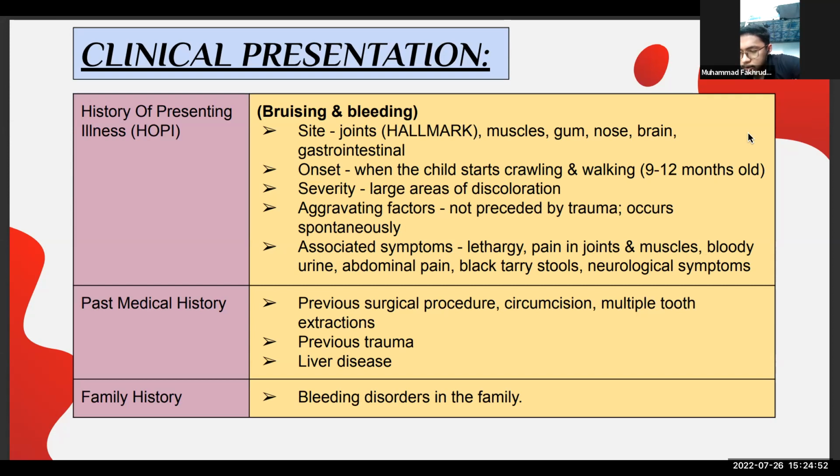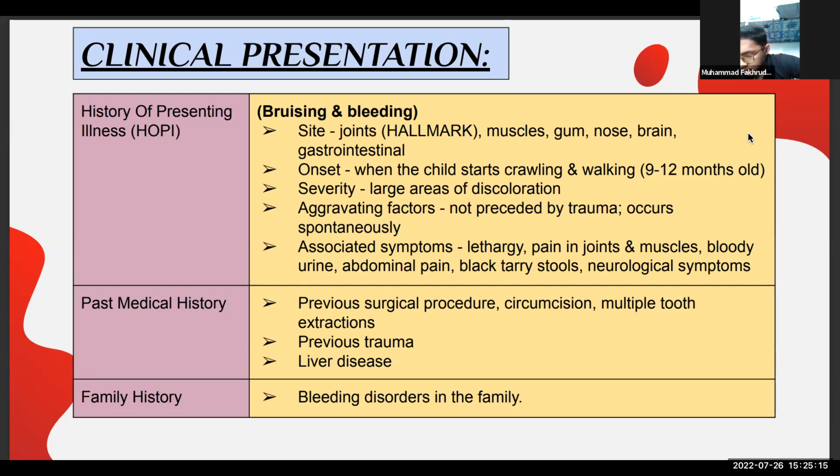We can ask whether there is a large area of bruising, and we also need to ask about the aggravating factor, whether the bruising occurs spontaneously, and if spontaneously, it is a severe manifestation of hemophilia.